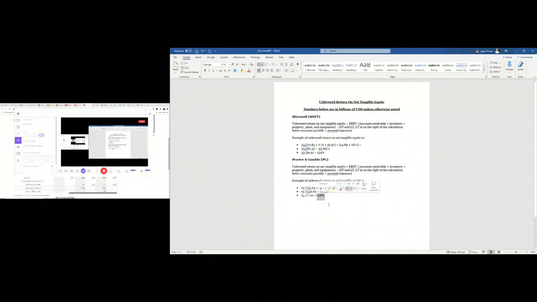So what this means is that both these companies have huge competitive advantages, which they do. They earn huge profits, which they do. But on this specific number, what this means is that for every $1 in sales this company produces, Microsoft, it generates $1.30 in unlevered return on net tangible equity.